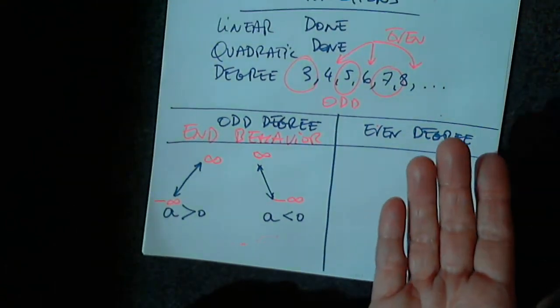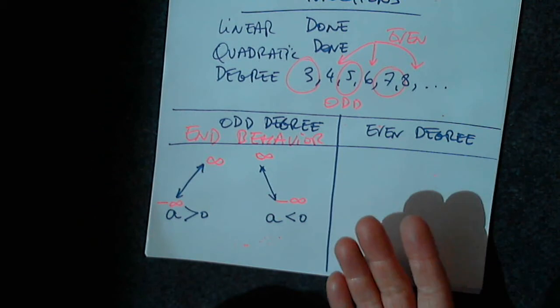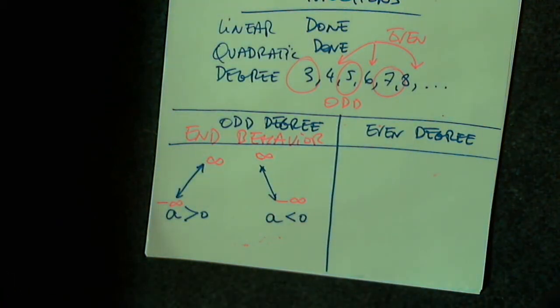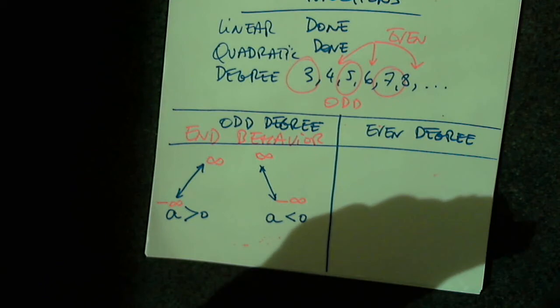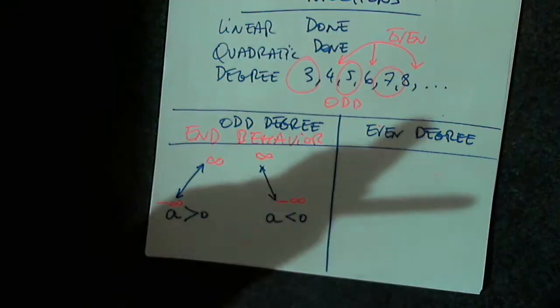Can anyone give us the simplest possible even degree function, polynomial, of course, that we know absolutely everything about? Because we just finished it 5 minutes ago. Quadratic. So what are the possibilities for quadratic?